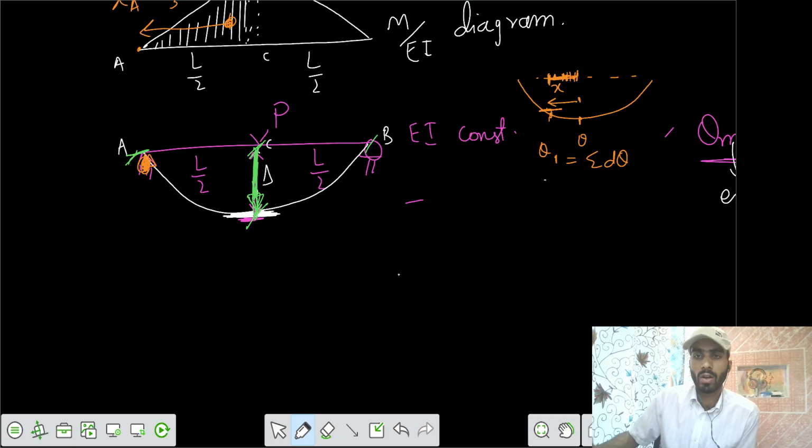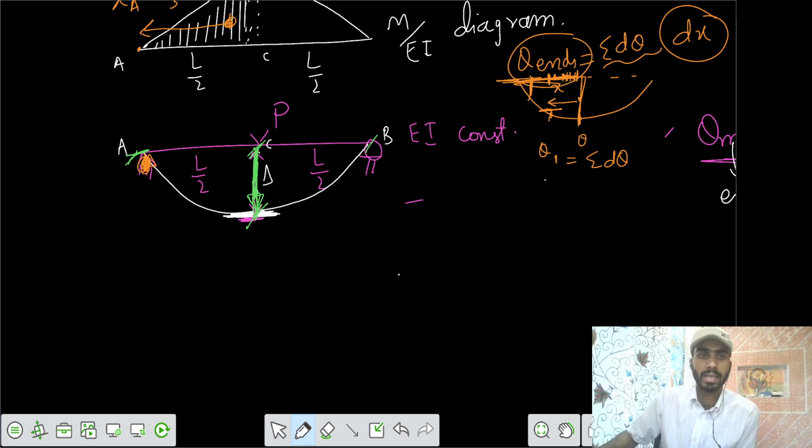So we sum them from the midspan up to that point, and you can get the total deflection.